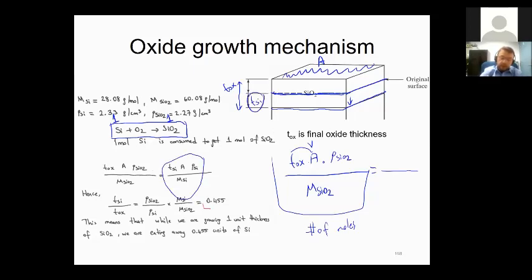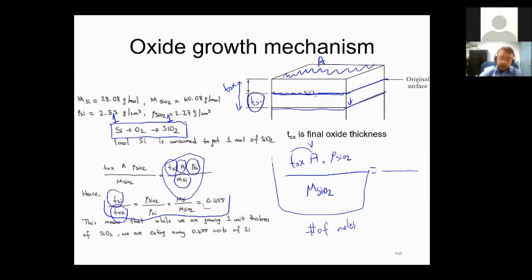Right now, the volume will be T silicon times A, times the density will give you the weight of the silicon that's been consumed, divided by the atomic weight of the silicon, and then you end up with the ratio here, the T silicon over T oxide, right?